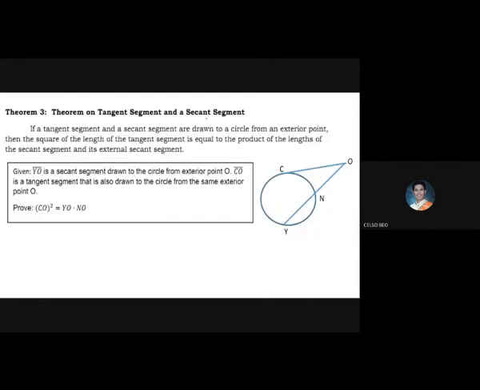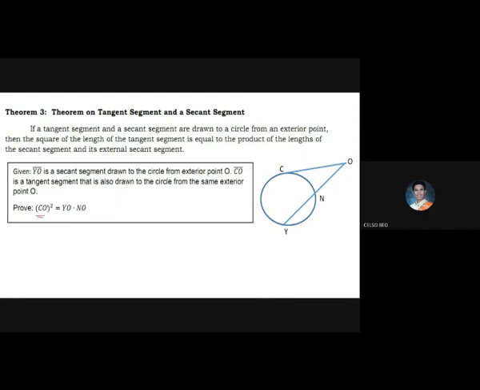Another theorem, theorem number 3. Okay. In theorem number 3, this is an intersection of a tangent and a secant. No? You have one tangent line and one secant line. So, paano naman mangyayari in theorem number 3? If you have one tangent line and you have a secant line also, the only thing you need is to square the value of your tangent line like this. Okay?